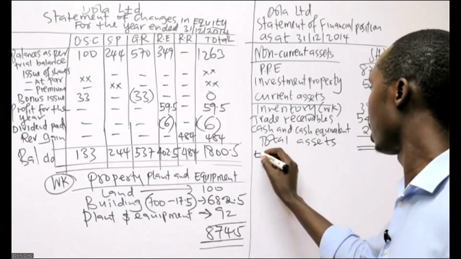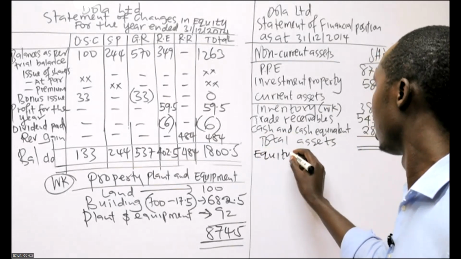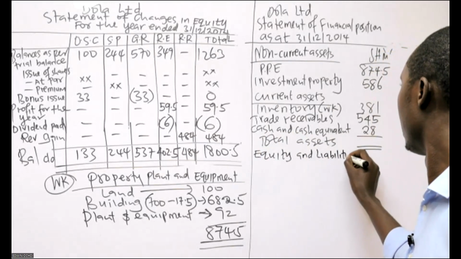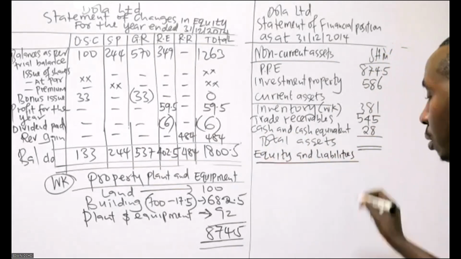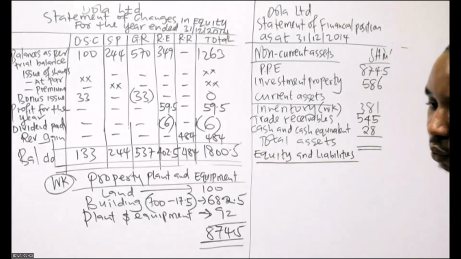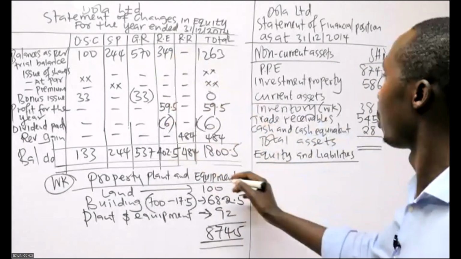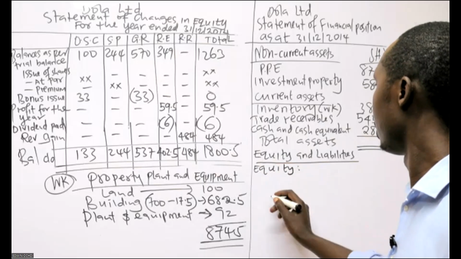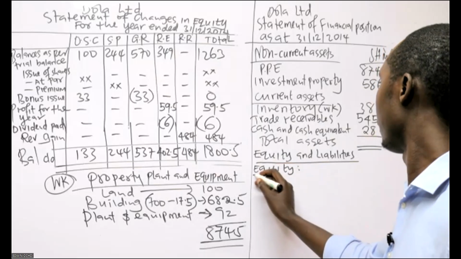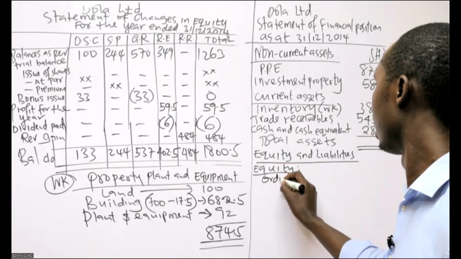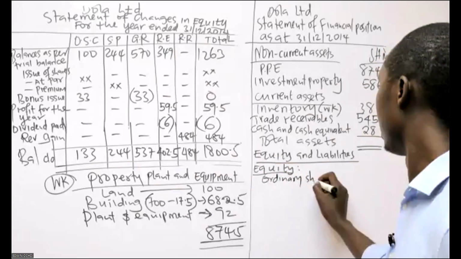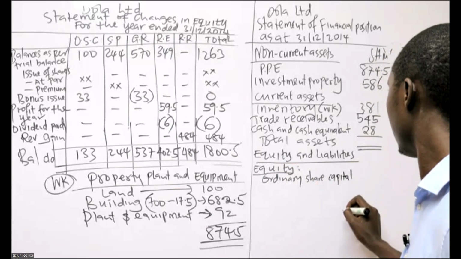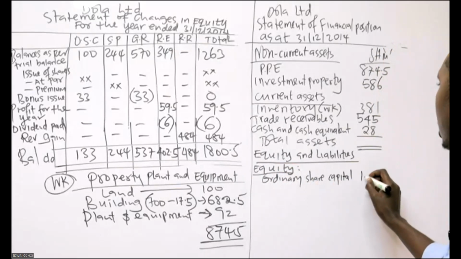So we go to equity and liabilities. So for equity, we have this. We copy from the statement of changes in equity. So the equity, we have the ordinary share capital, 133.